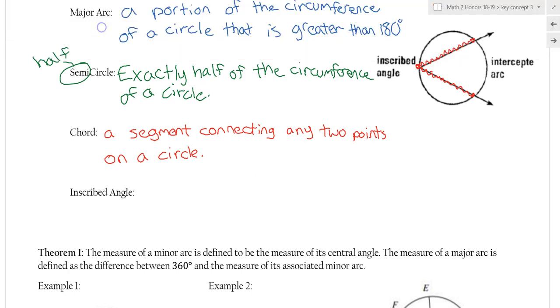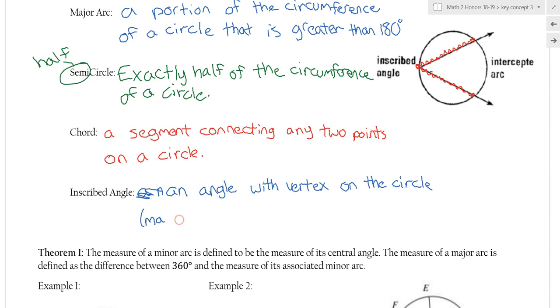Then we have what we call an inscribed angle. And your inscribed angle is simply an angle with vertex on the circle. And like we said, our central angle is made up of radii.